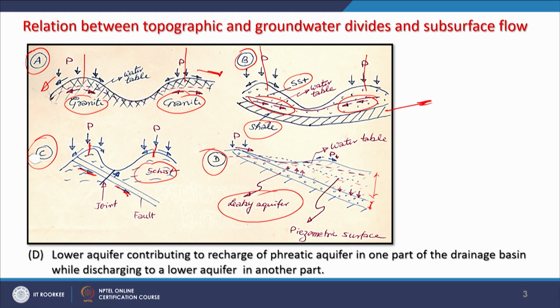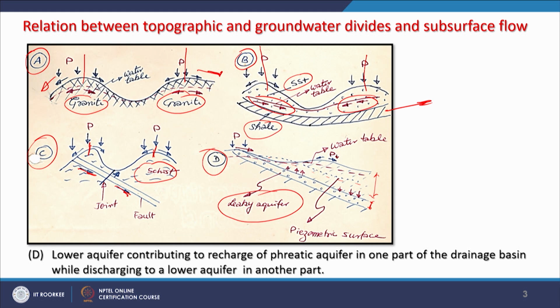So from the top you may delineate a watershed based on the contour lines, but in subsurface conditions it may not be there. But still, because many times we do not have such detailed information about subsurface conditions, we most of the time rely on the basin boundaries.